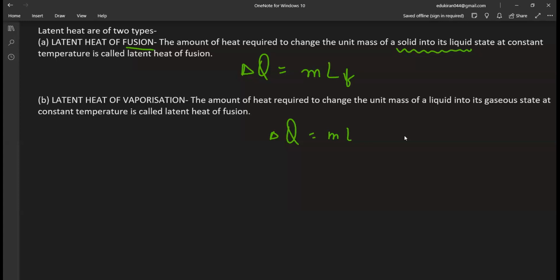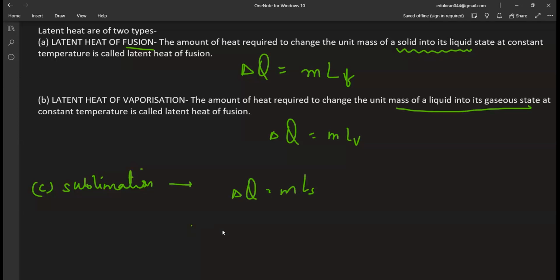Latent heat of vaporization means from a liquid into a gaseous state. If I give you a third part, like sublimation, again you will use delta Q is equal to M, L sub S. Whichever is mentioned, use that.